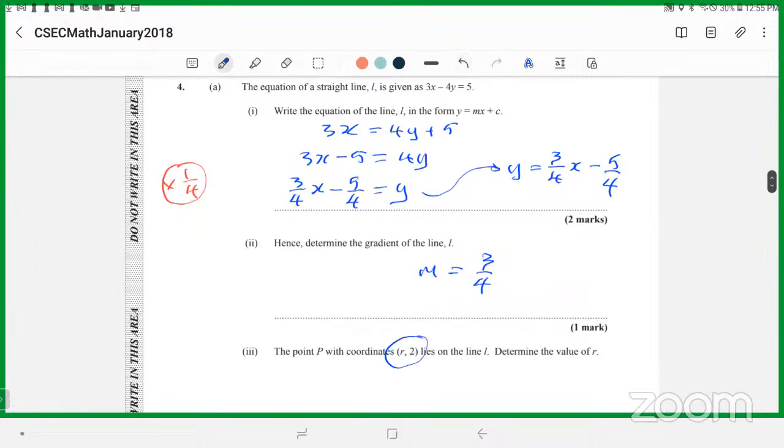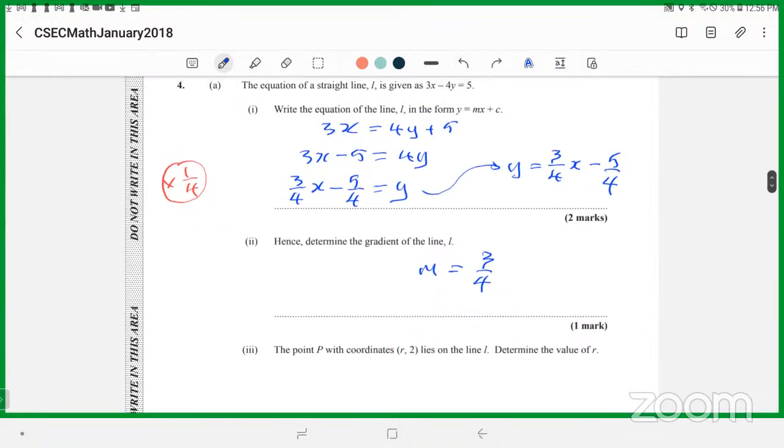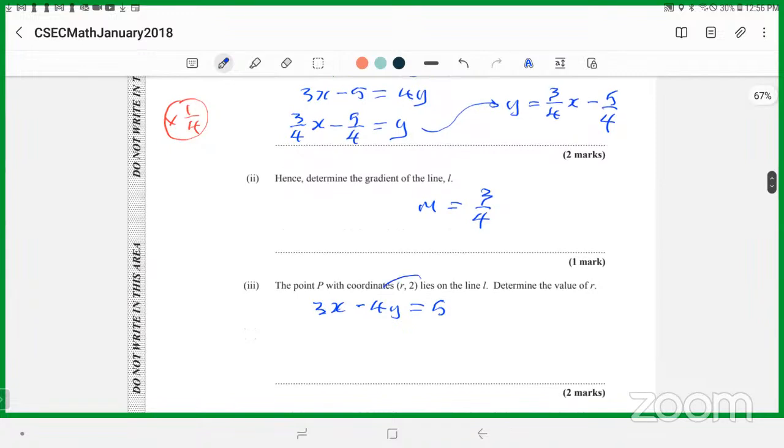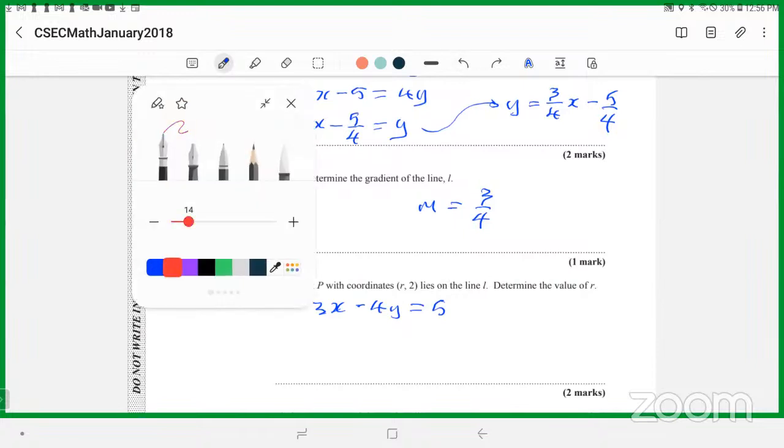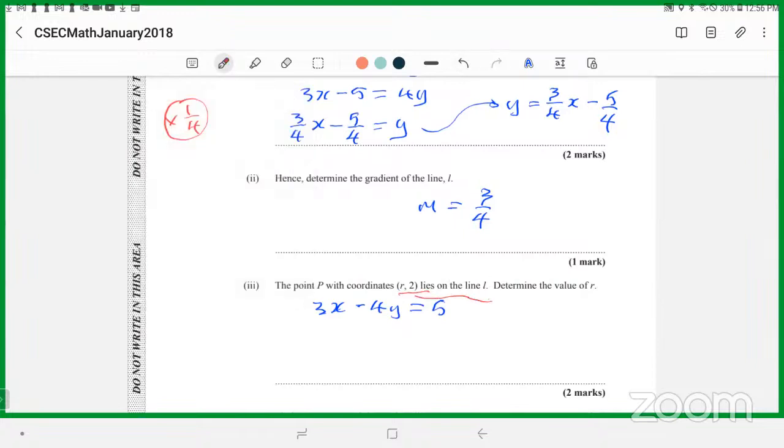So this point, because it is on the line, works in the equation. I'm going to substitute these points into 3x minus 4y equals 5. On this point, the x is r and the y is 2.